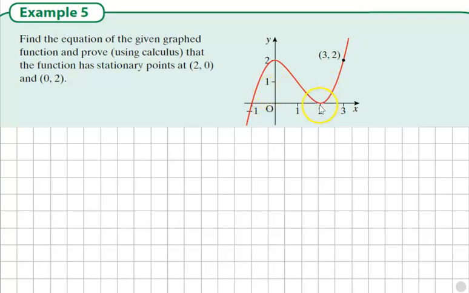There is a double root at x is equal to 2 because it touches 2, but it doesn't cut through 2. It just turns and goes upwards. So we know that x minus 2 and x minus 2 will be factors. So x minus 2 squared is going to be a factor. And another point that's on the graph that's going to be helpful to us is (3, 2). So that's all the information that we can see from the graph straight away.